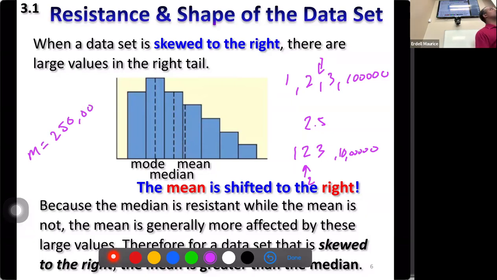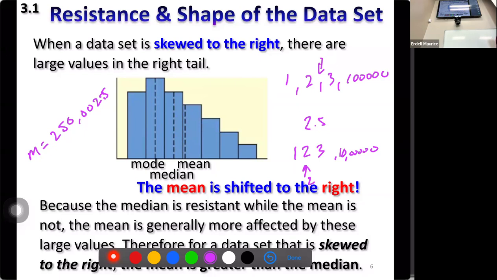What's the average of 1, 2, and 3? 6 divided by 4 is 2.5. 250,000.25. The mean is going to go from 2 all the way to 250,000 by just adding one number into the data set. Yes? And so the mean will move towards the outlier. The median is resistant. It will not move as much. It'll always move, but not nearly as much as the mean.